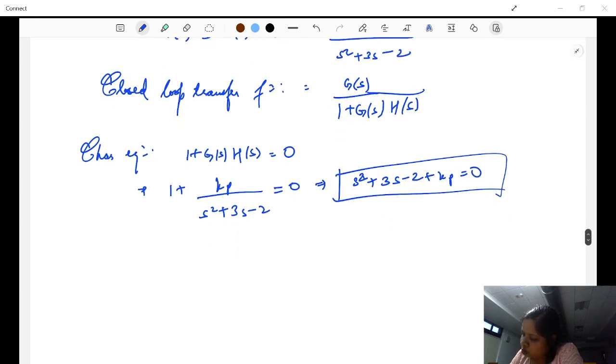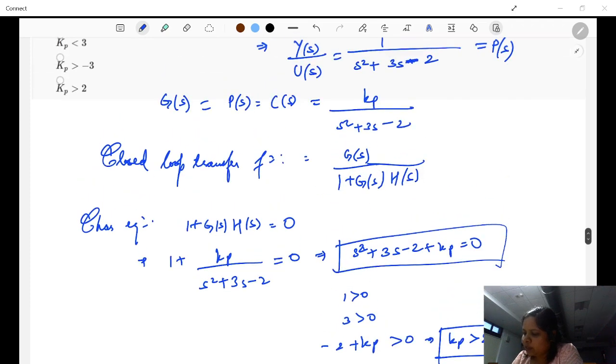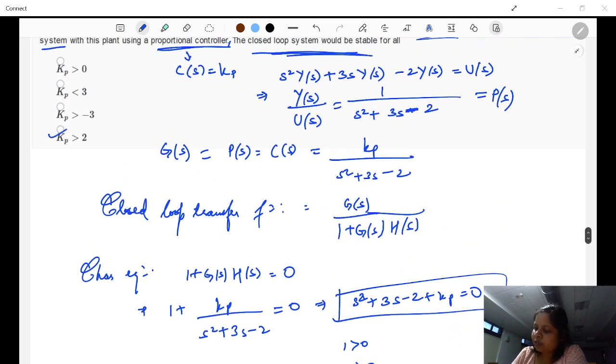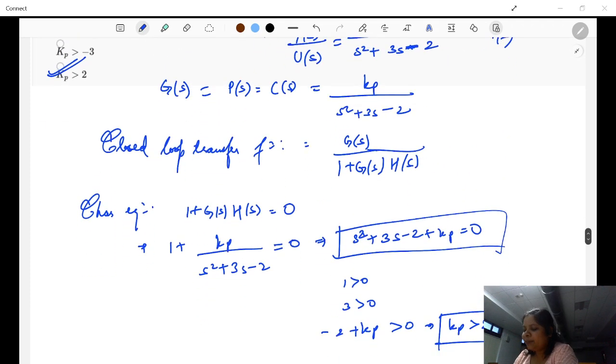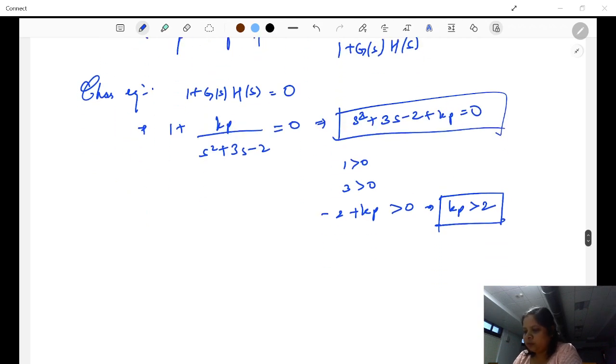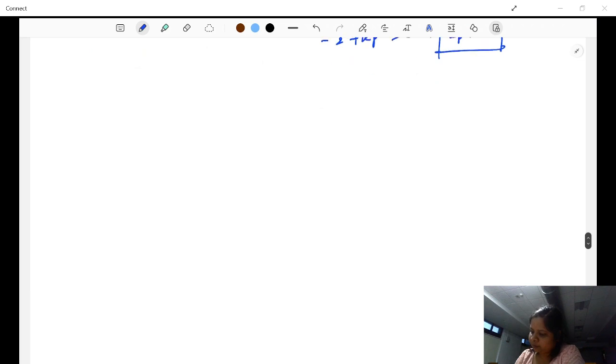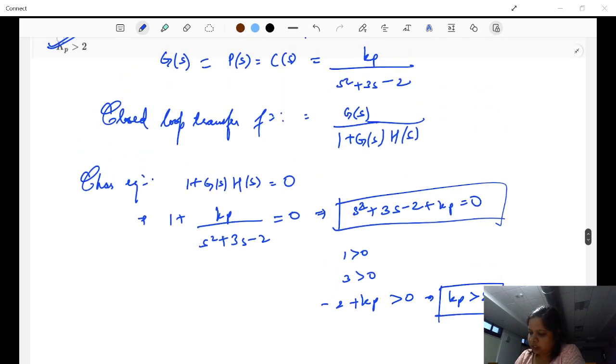So you see the coefficient of s square is 1, which is positive, 3 which is positive. That means that minus 2 plus Kp should also be positive. That means Kp should be greater than 2. So you have designed a proportional controller that would stabilize the system. All right. I hope this is clear.